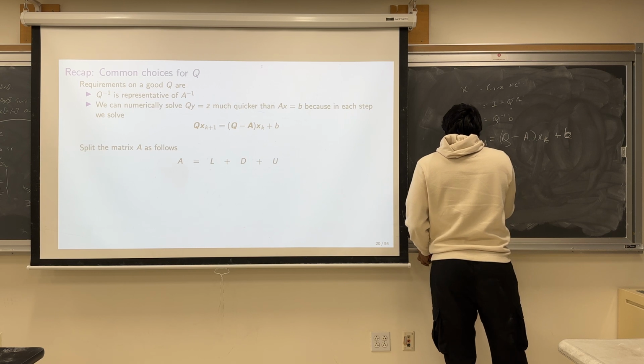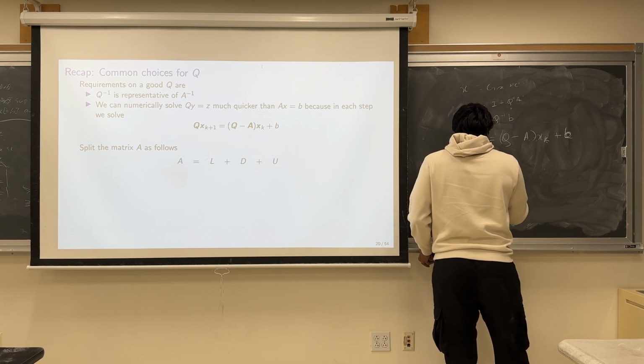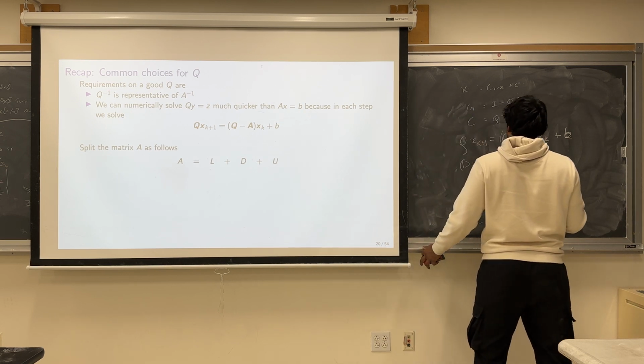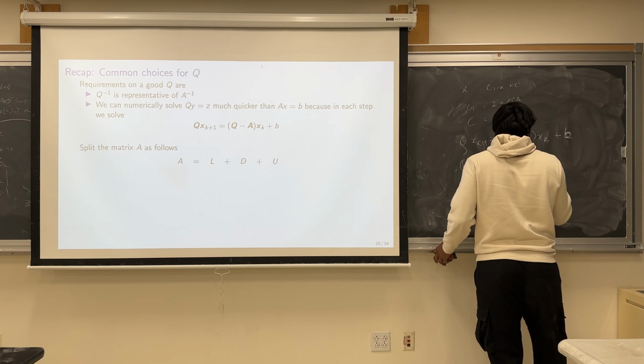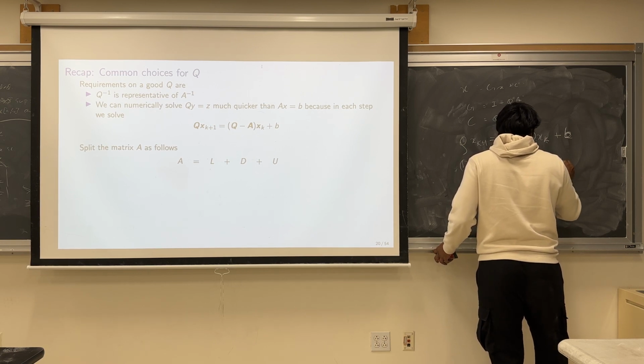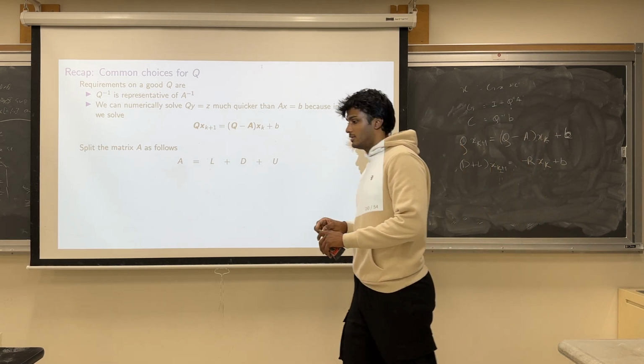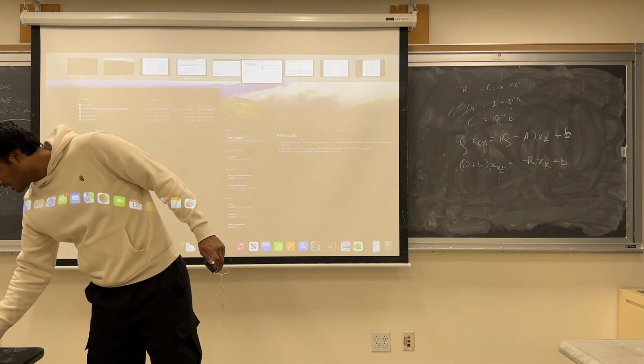For the B plus L, xk plus 1 equals minus R xk plus b, right? That's what it becomes, right?